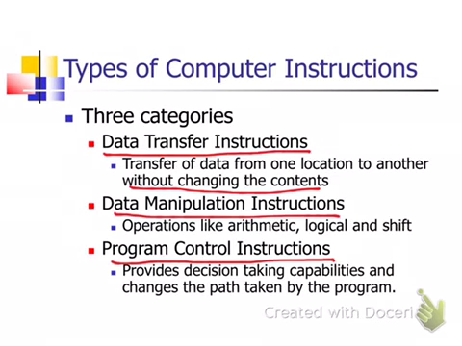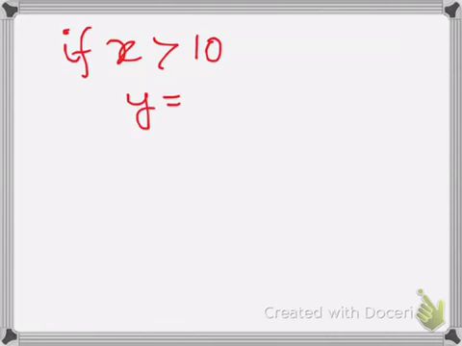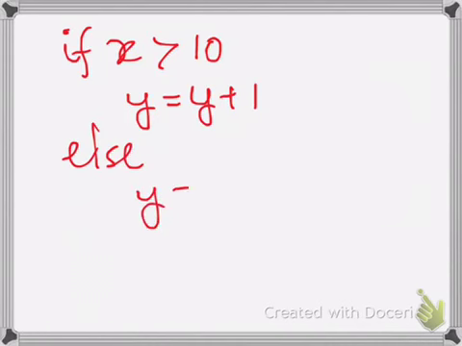Now, you may ask where will it be applicable? So, let's say for example, if I have something like this: if x is greater than 10, then y is equal to y plus 1, else y is equal to y minus 1.